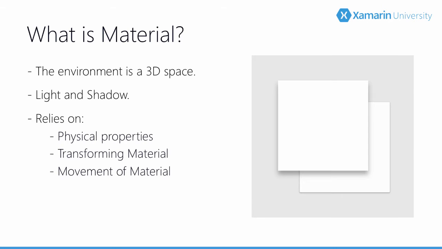Material can also be transformed. Material can change shape. Material grows and shrinks only along its plane, and material never bends or folds. Sheets of material can join together to become a single sheet of material. We also see that material can be spontaneously generated or destroyed anywhere in the environment.